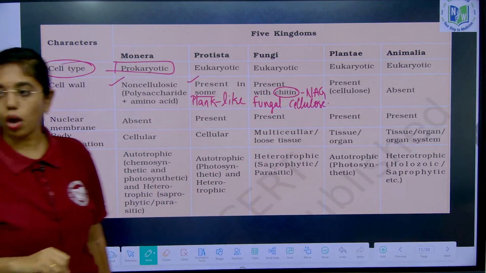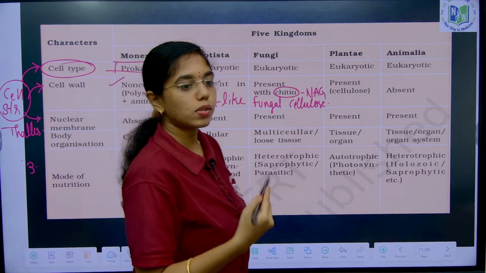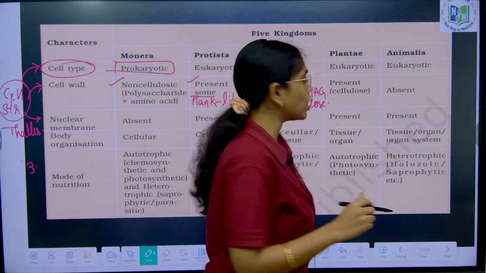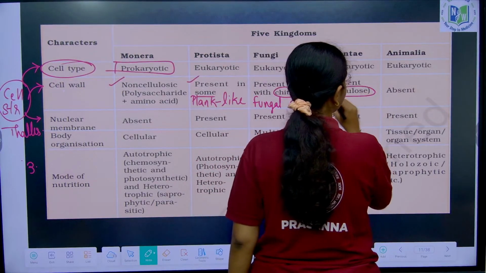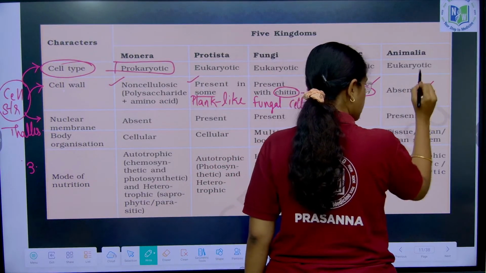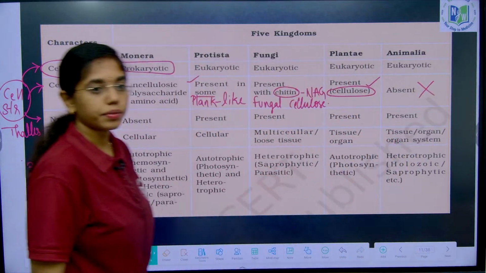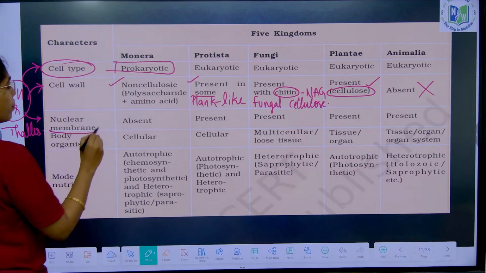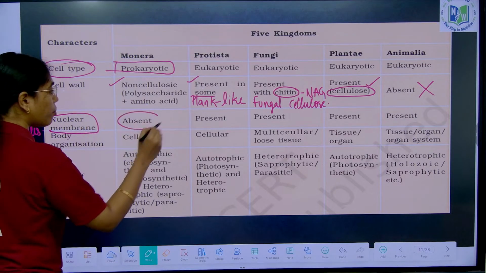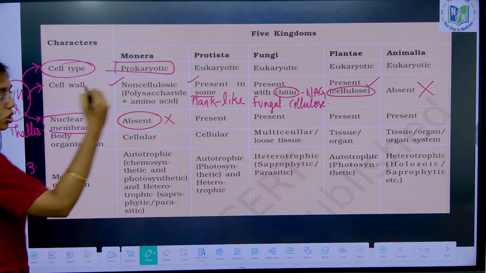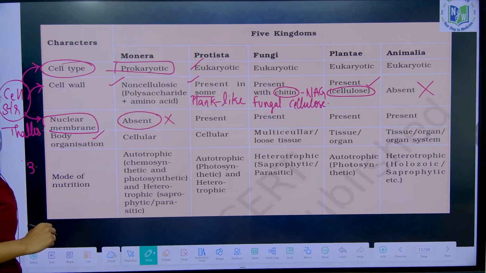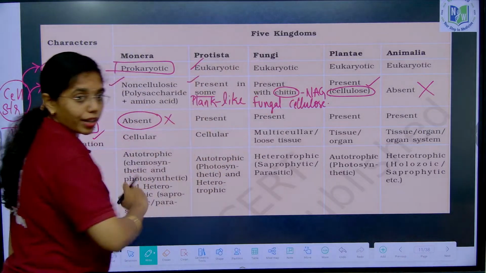Plant cell wall is composed of cellulose, hemicellulose, pectins, proteins, but most of the composition is what? Cellulose. And the cell wall is absent in animal cells. Got it? This is about the cell wall. Then a nuclear membrane is absent only in prokaryotes, and present in all the others, because all of them are eukaryotic. Next, body organization. Look at the hierarchy of body organization.